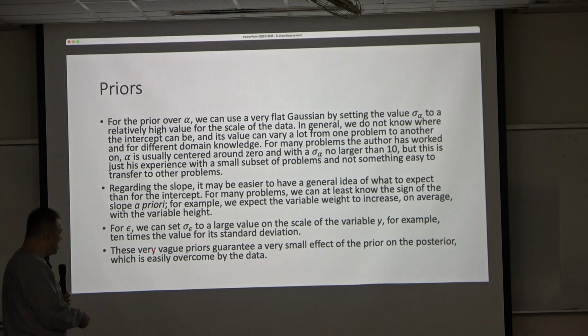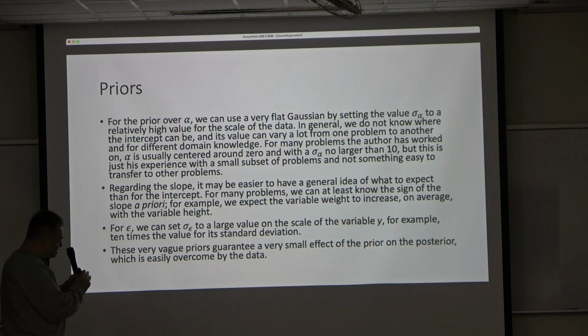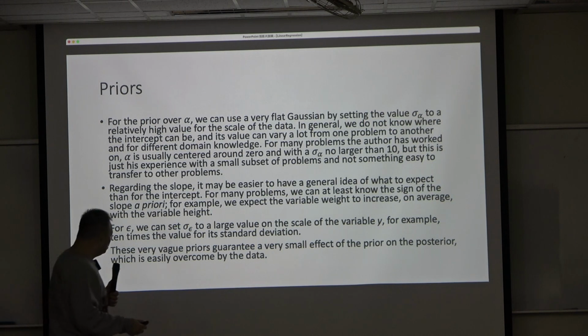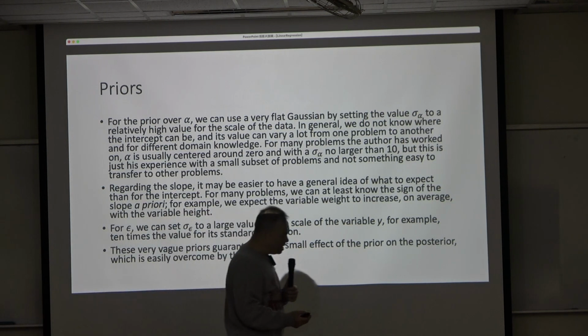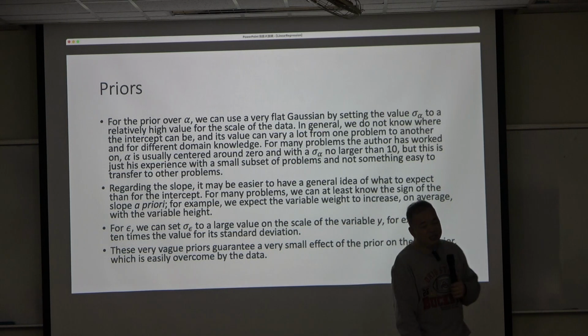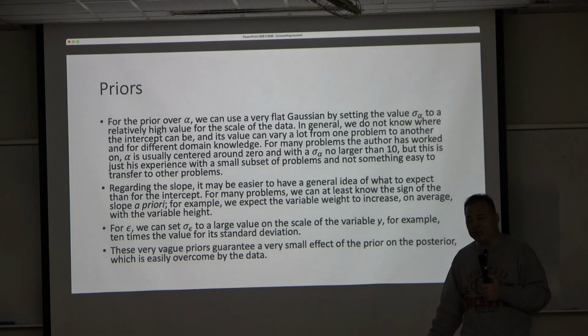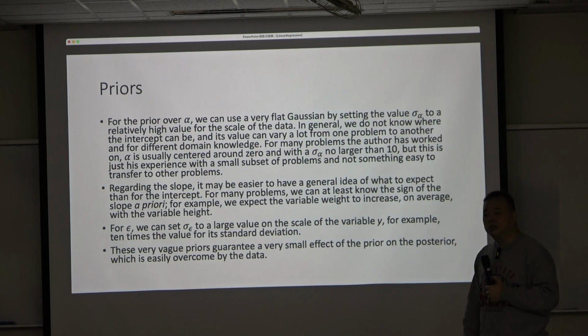These are very vague, very flat priors. They guarantee a very small effect on the posterior, which can be easily overcome by data. In other words, the data will dominate the posterior. That's exactly what we want.